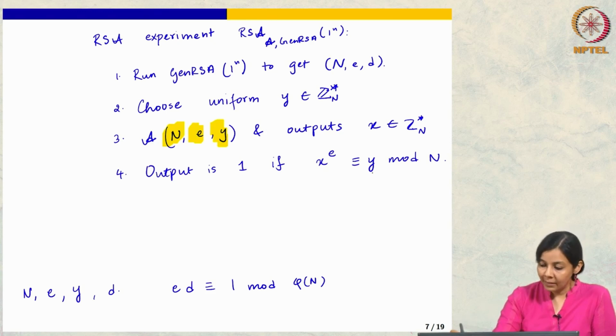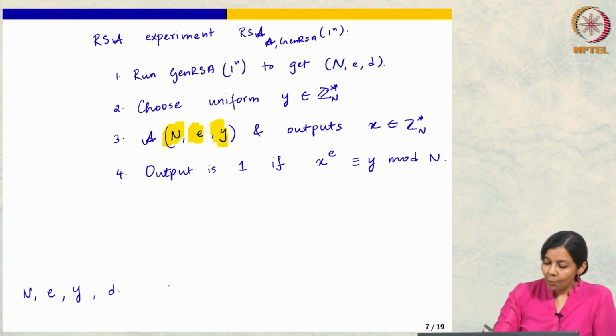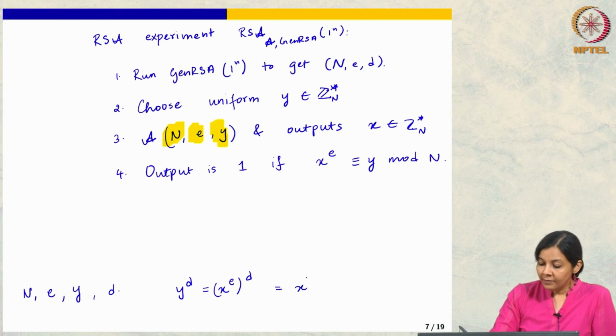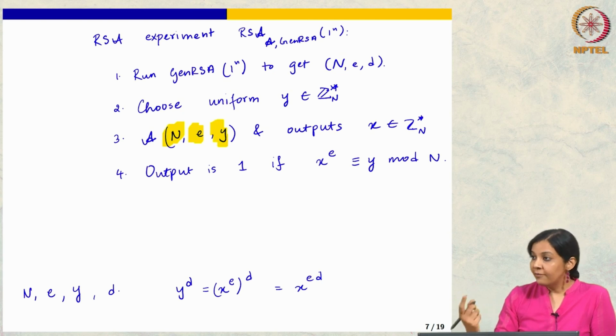So what he is saying is, what happens if I compute Y to the D? Y to the D is by definition X to the E to the D. So this is X to the ED, and the order of the group is phi n.